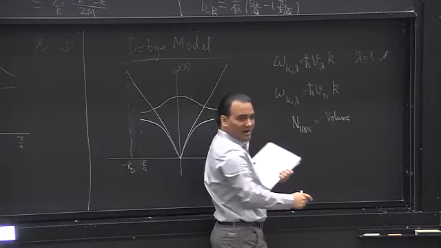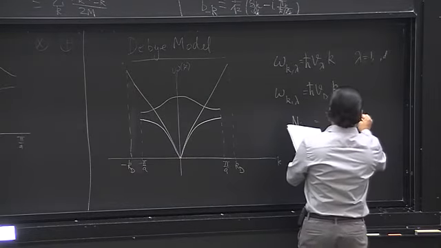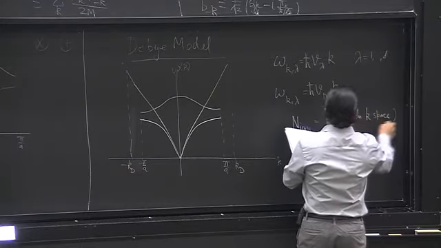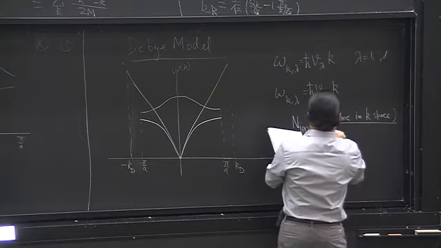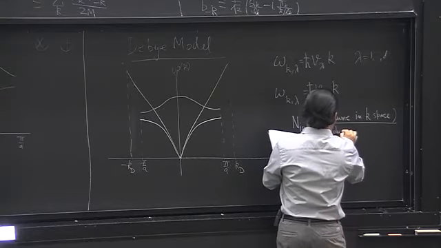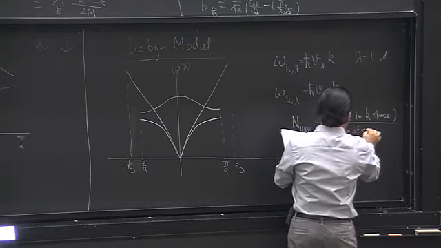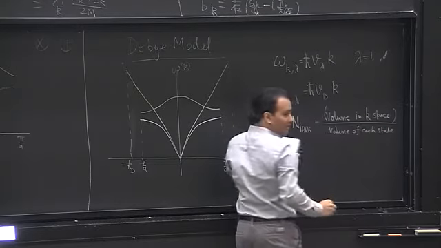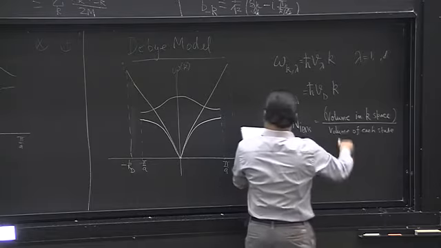So the total number of ions is the same as the volume in k space divided by the volume of each state. We did this in the first week.